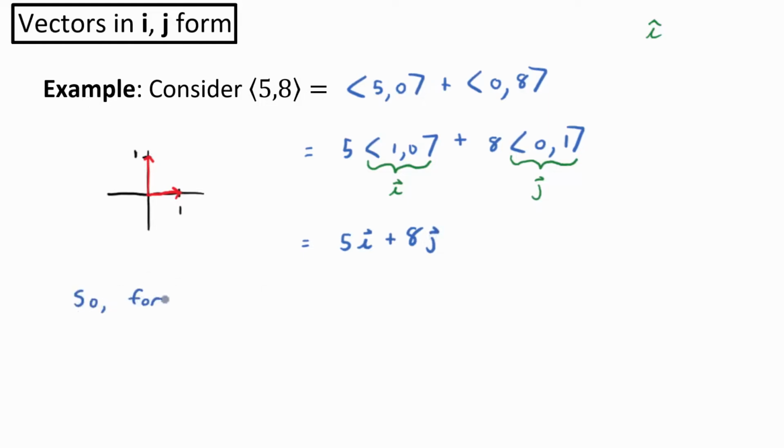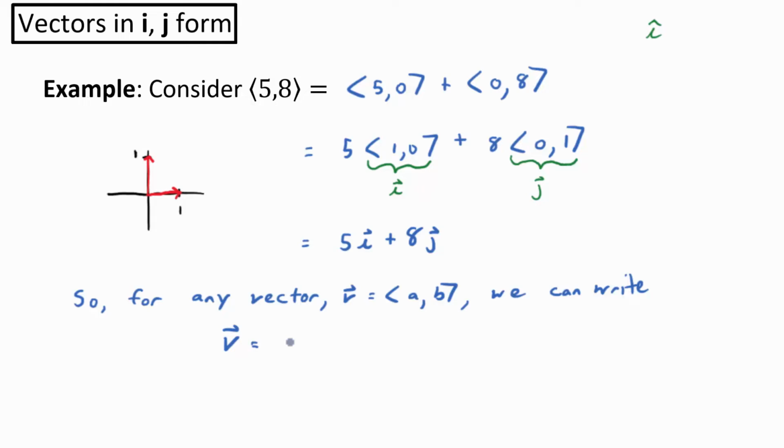So for any vector, let's say v, I'm going to go back to AB, components AB. Any vector in the plane, v, we can write v equals what? In IJ form, it would be what? Well, what did we do to write 5, 8 in component form?